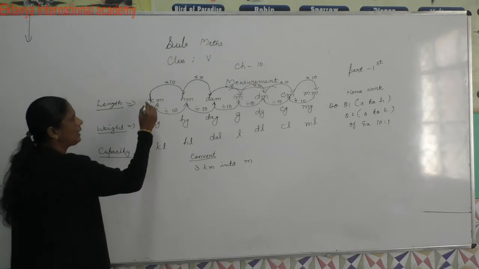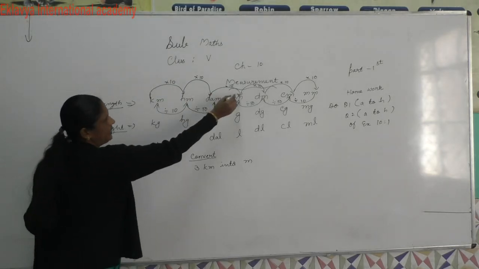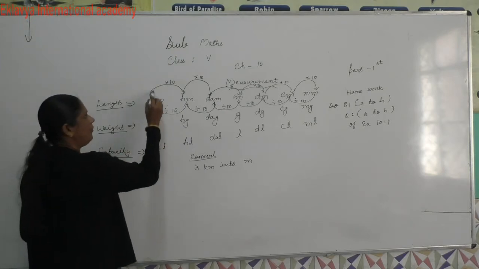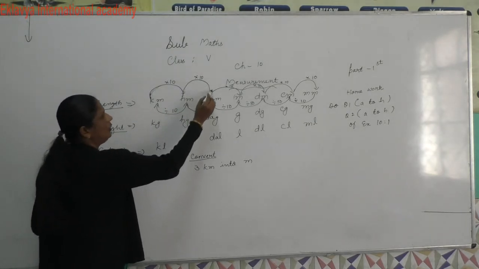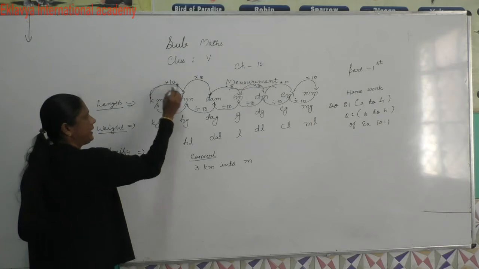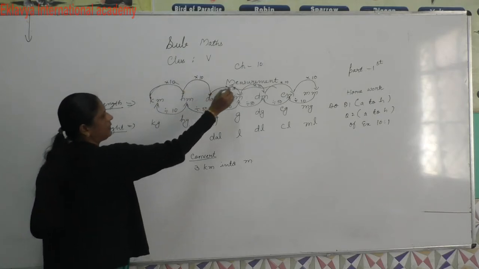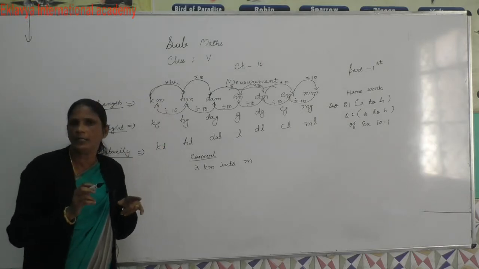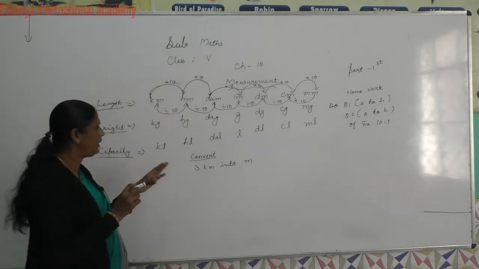Here. How many steps do we jump? 1, 2, 3. That is 10, 100, 1000. Bigger to smaller, we multiply by 1000.